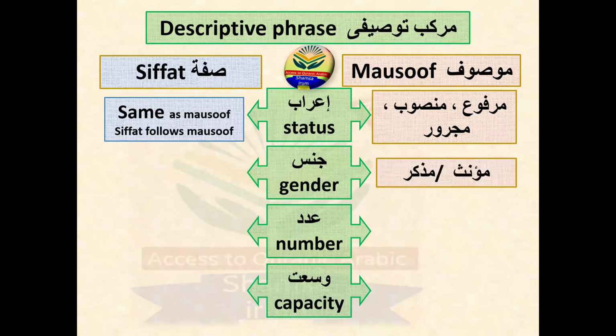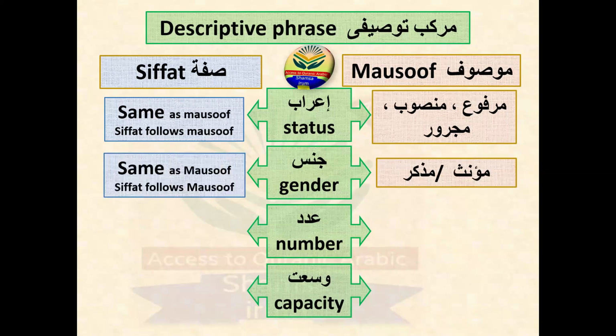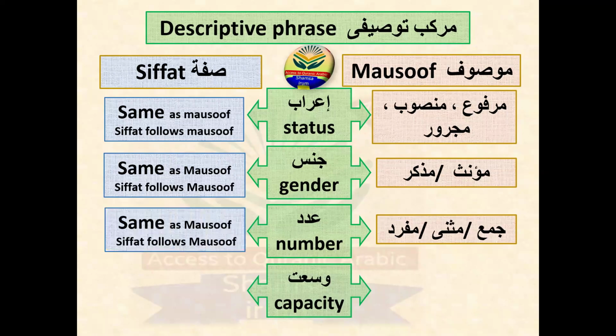So if the mawsuf is muannas or muzakkar, sifa will also be the same gender. And if the mawsuf is any type of adad, like singular, dual, or plural, sifa will be the same number. Okay, and in wasat, if the mawsuf is nakira or marifa, the sifa will also be the same wasat.